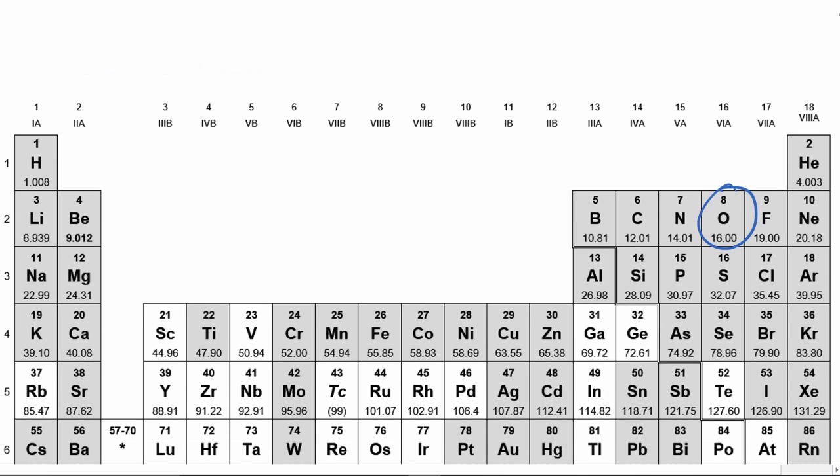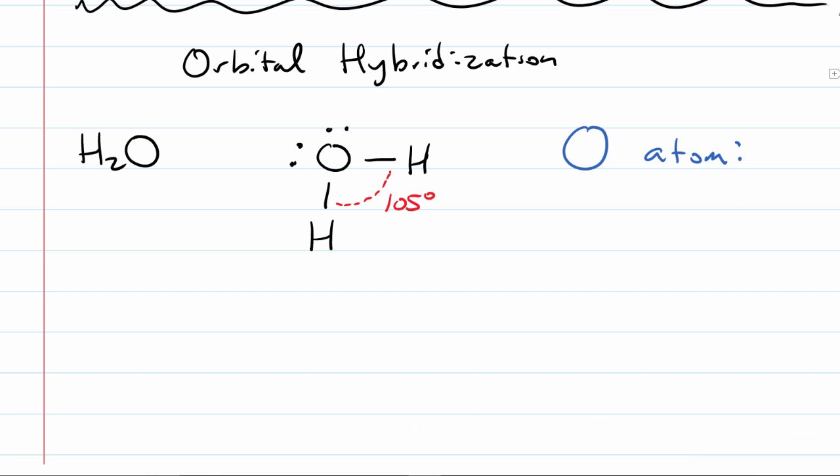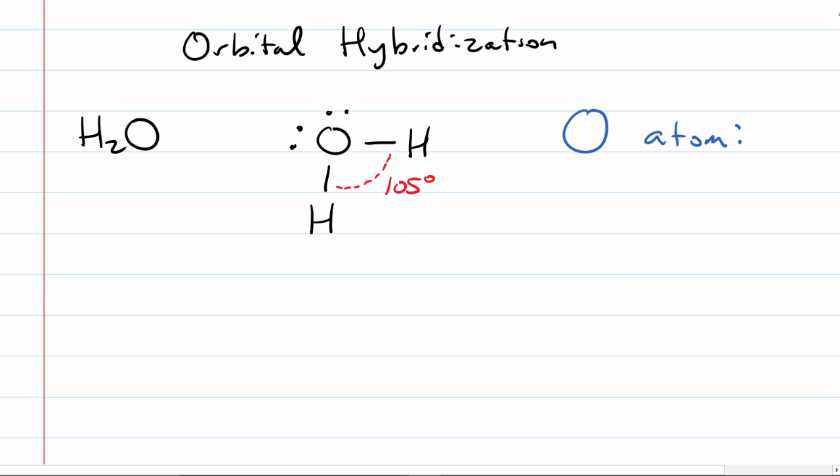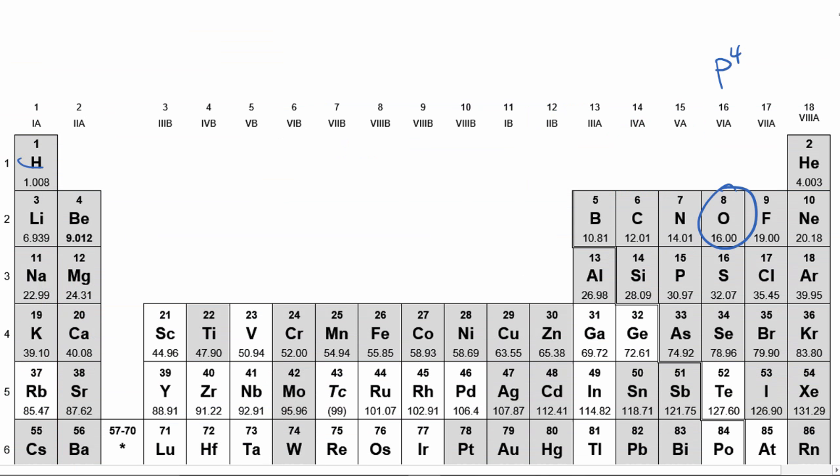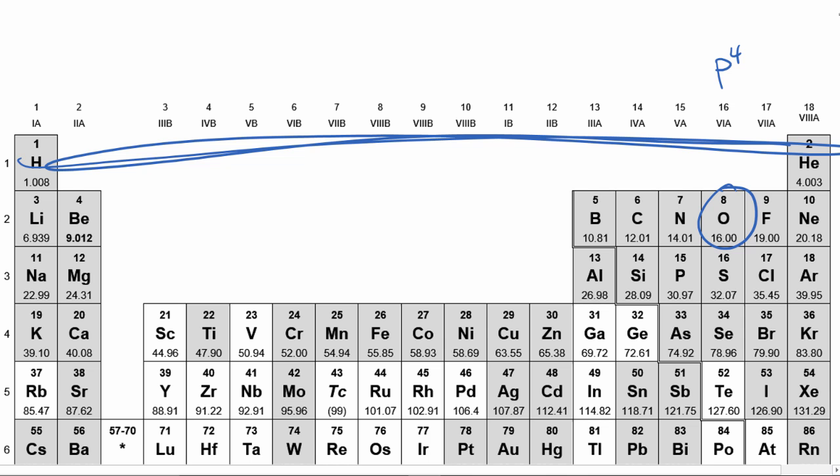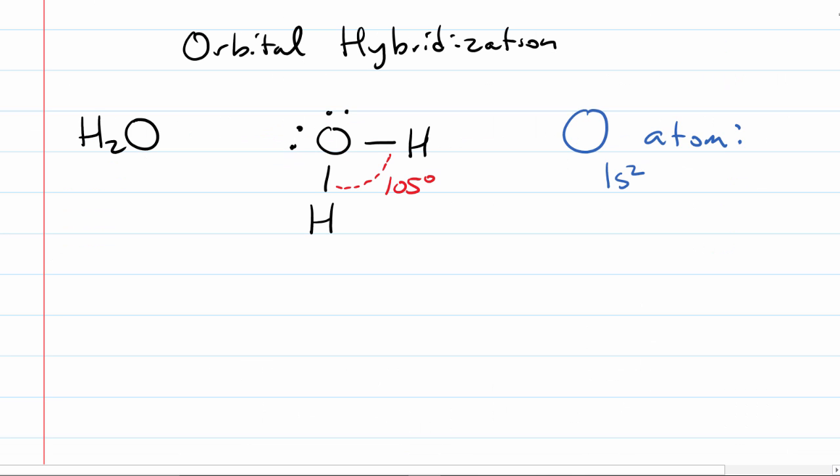We find oxygen right here, which means its configuration is going to end with p4. If we wrote out a complete configuration for oxygen, we would write 1s2 to account for these two here. Then we do these two, which would be 2s2, and these here, which would be 2p4. So it'd be 1s2, 2s2, 2p4.